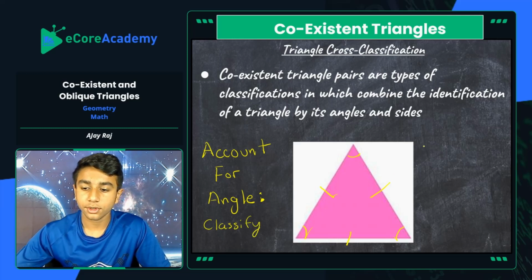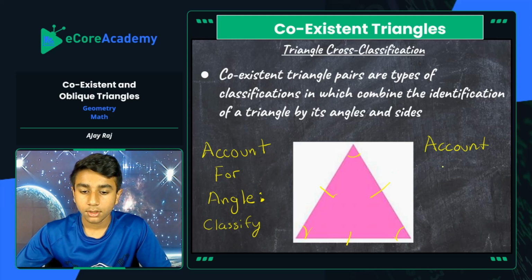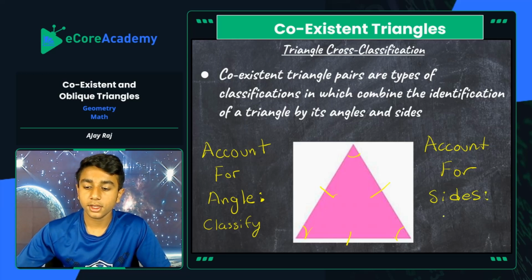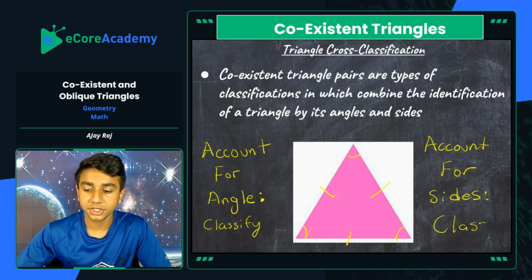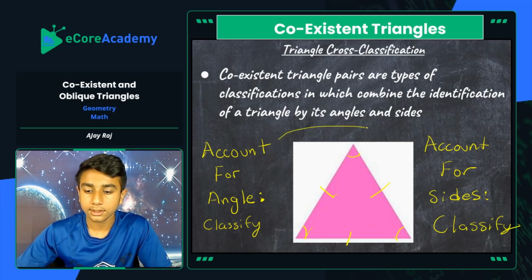Then you're going to account for sides, and then you're going to classify. And all you're doing is literally just hyphenating these two and combining them together. So I'll write that down here. Combine. That's all you're doing. Very simple.